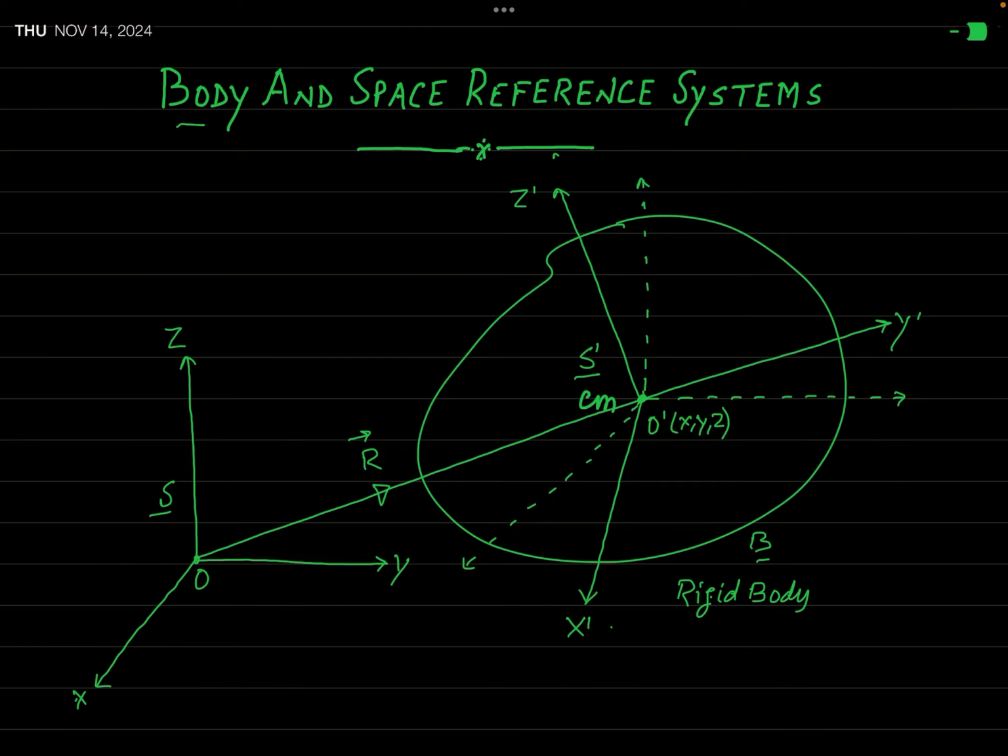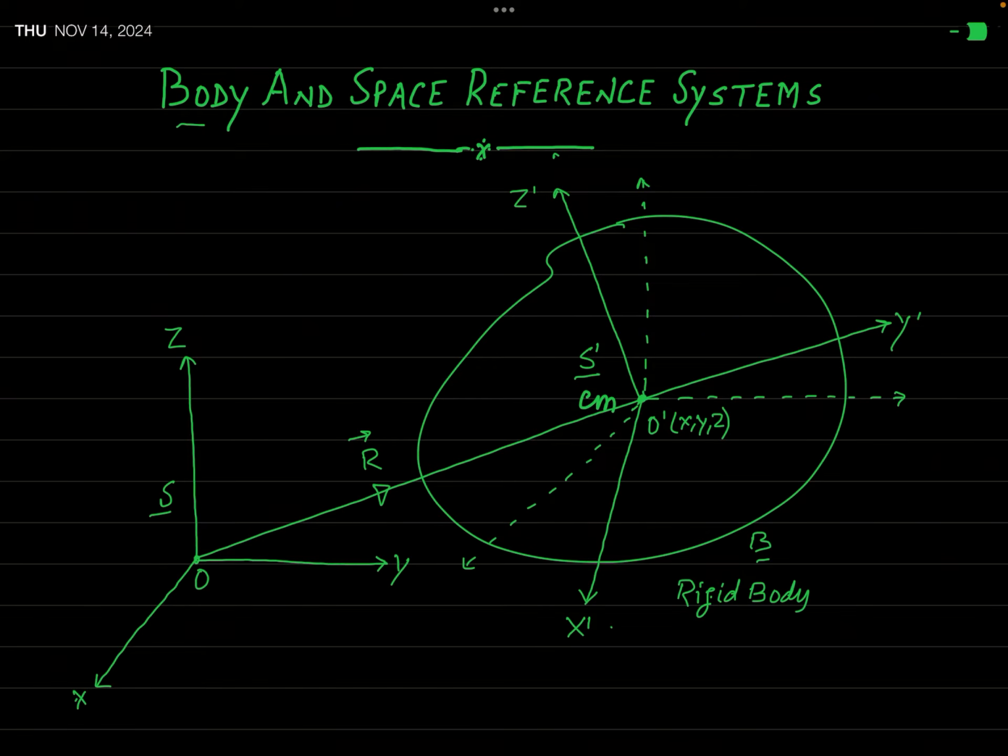So I have marked in this figure that this point O prime is the center of mass of this rigid body, where the origin of this body reference system lies. I have also marked by this dashed line the coordinate axes parallel to the space set of coordinate axes.